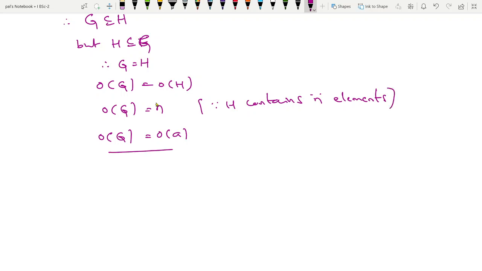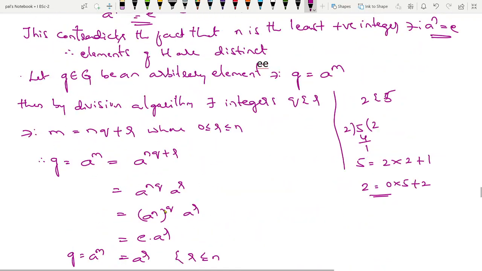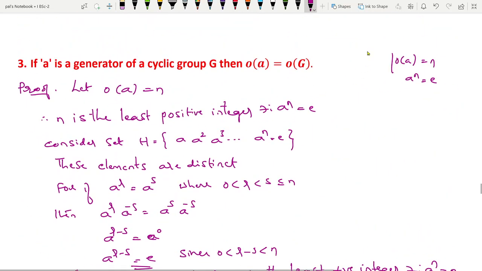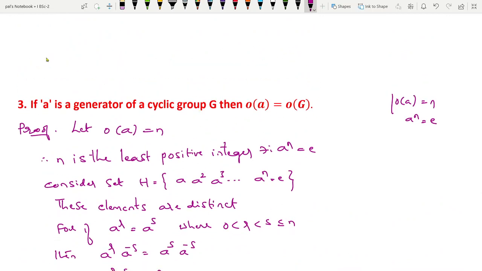Order of G is equal to order of H. Yes, actually that one we are going to prove. Order of G is equal to order of H. As here we proved that order of G is equal to order of H. Okay. Similarly, you consider one more.